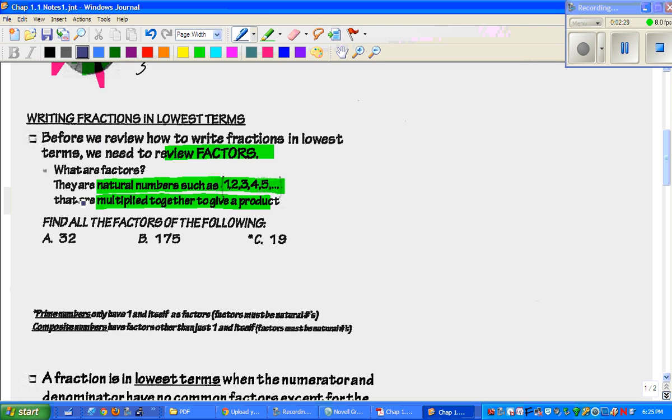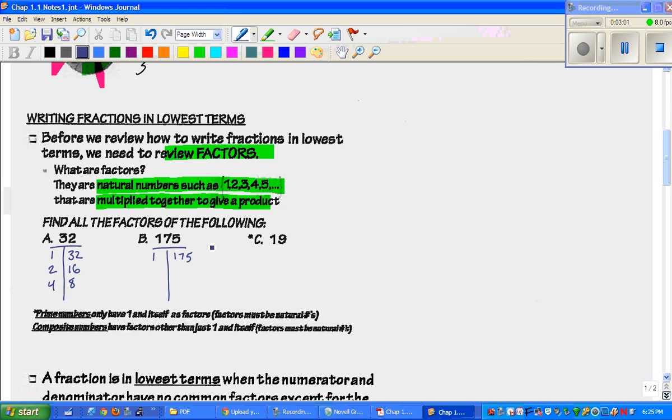So when we talk about listing the factors, I want to know what numbers multiply to get 32. Okay, so 1 times 32 equals 32, 2 times 16, and 4 times 8. Now, if you're having trouble with this, you can pull out a multiplication chart. Those are numbers that it's going to help you out.